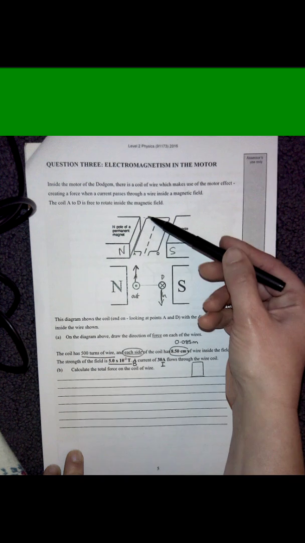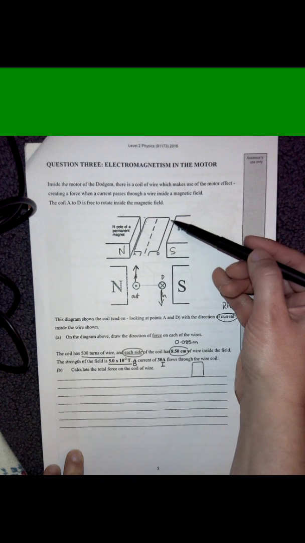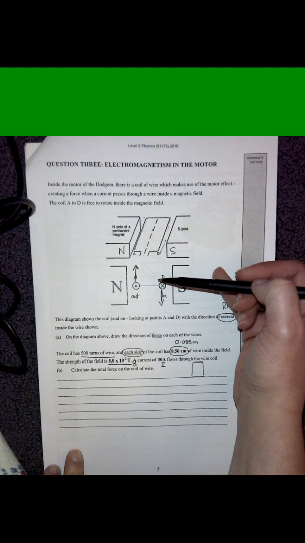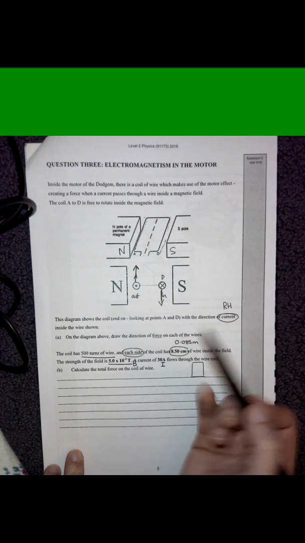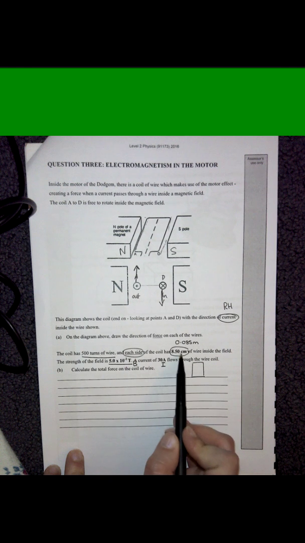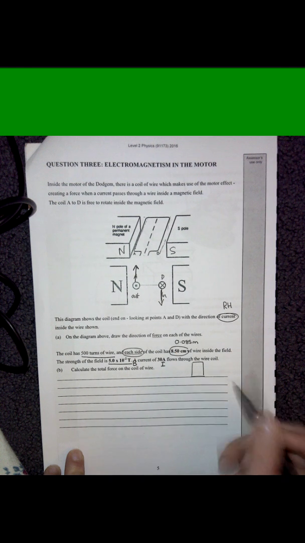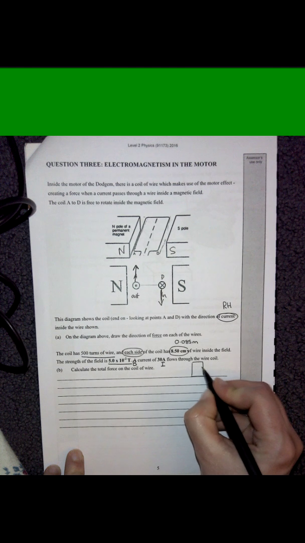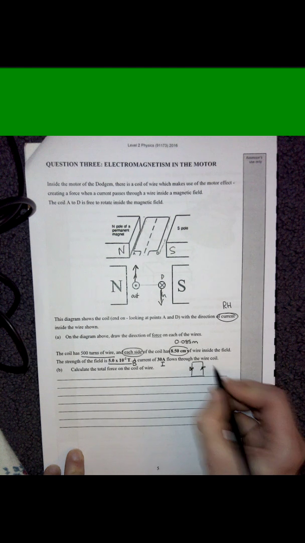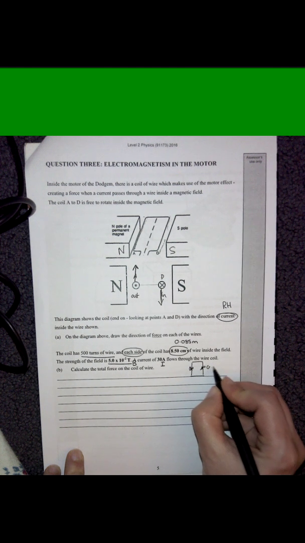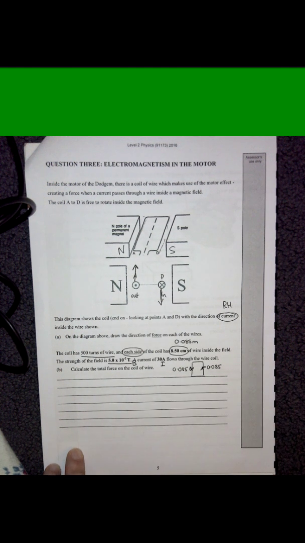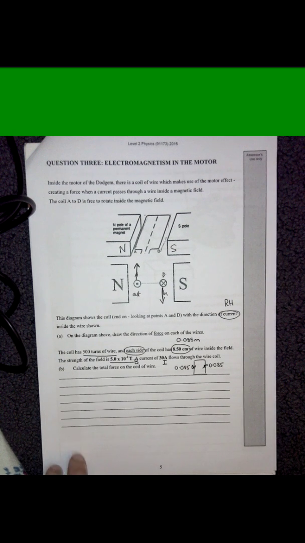It's only in the sides where it is cutting across the magnetic field that something's going to happen. So here is where we will get the force. If it tells you that each side of a coil has got 8.5 centimetres, each side is 8.5 centimetres, but it's only this side and this side that are going to matter. So you've got 0.085 here and 0.085 here. Those are the only two bits of the wire that are going to matter.